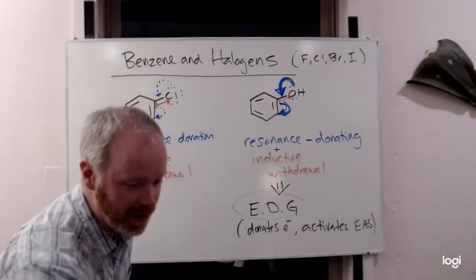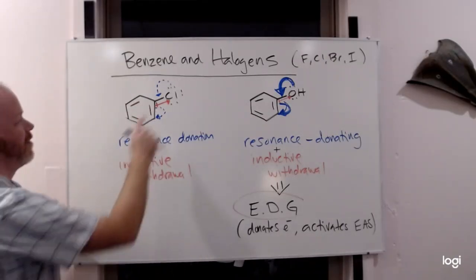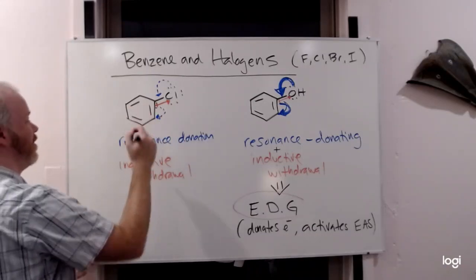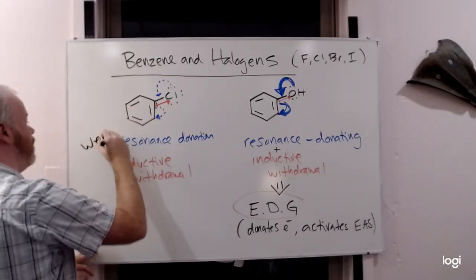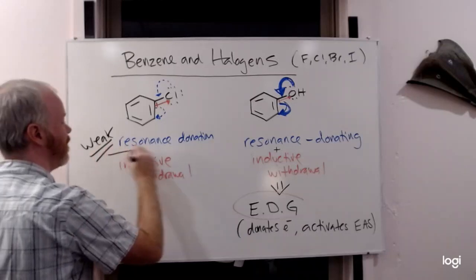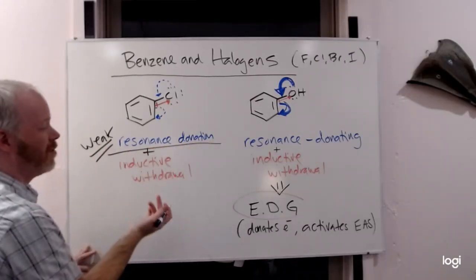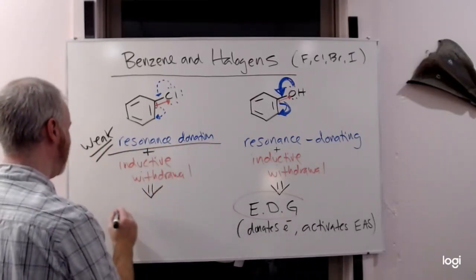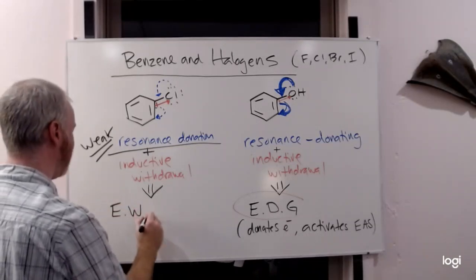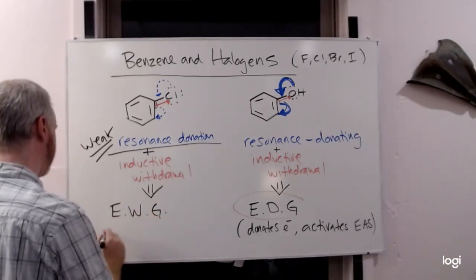So what you end up with in our chlorine, our chlorobenzene here, is weak resonance donation plus the normal inductive withdrawal. That's going to overall make this an electron withdrawing group.